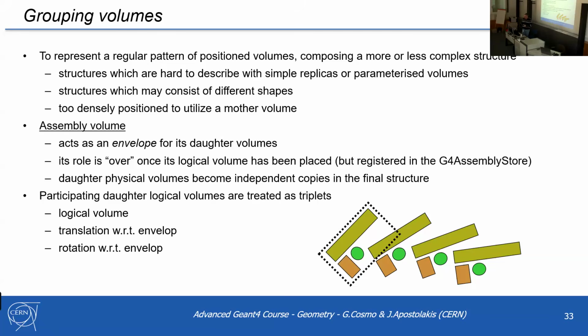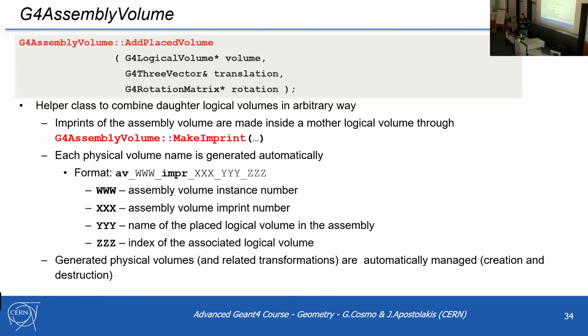The components of an assembly are essentially a triplet: a logical volume, the transformation versus the envelope, and eventually the rotation versus the envelope. This triplet represents the daughter volumes that participate in the assembly. So here you have an example.